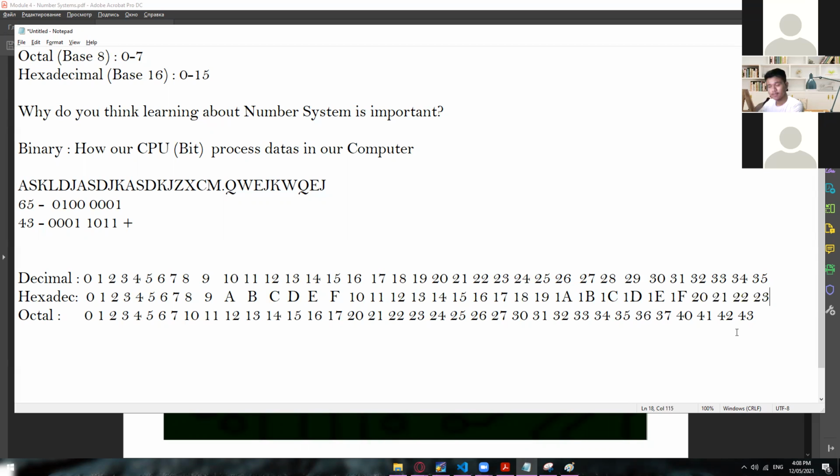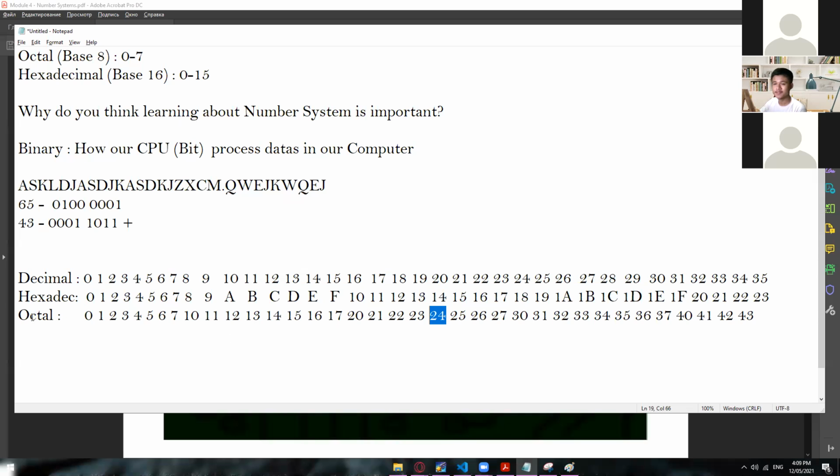All right, so here are sample questions that you might encounter. Let's say, what is the equivalent of 20 decimal in hexadecimal and octal? In hexadecimal, it's 14, and in octal, it's 24. You might not get a sequence from that.